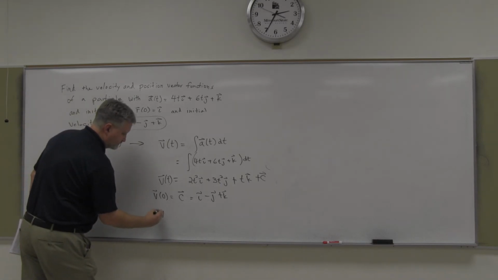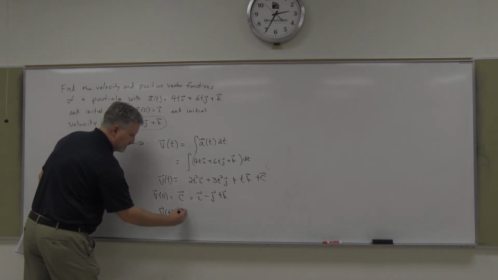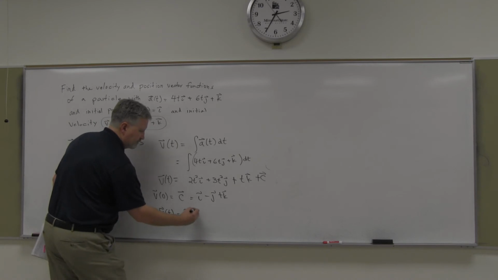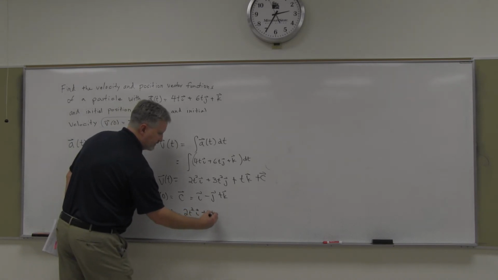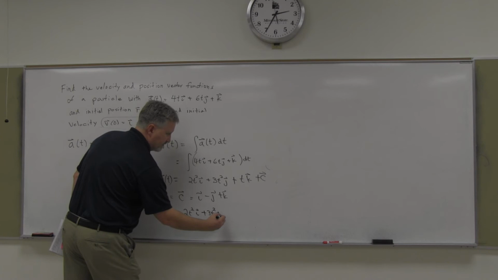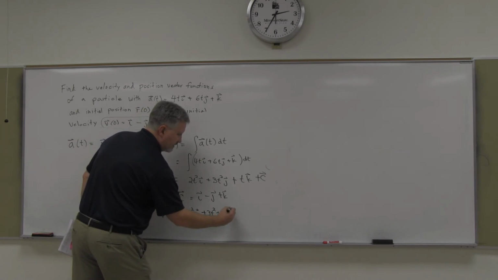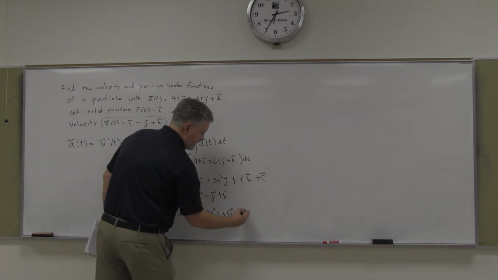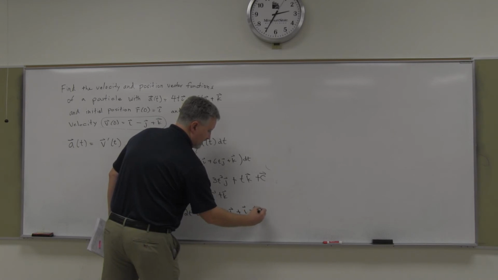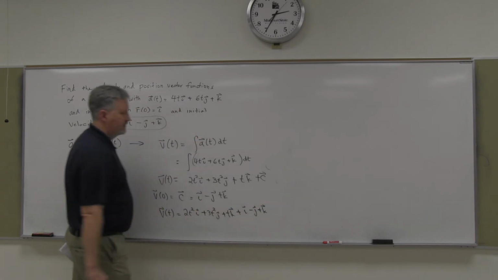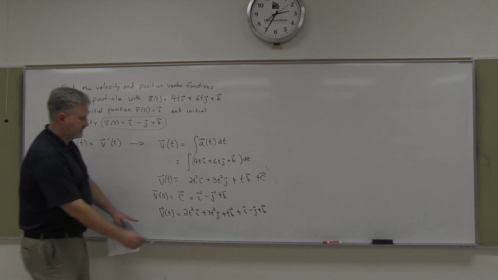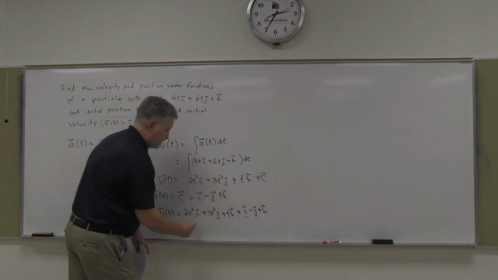Now, how does that factor in? Well, if I put that into my vector function here, I now know C is i minus j plus k. Can I combine the i parts, the j parts, the k parts?